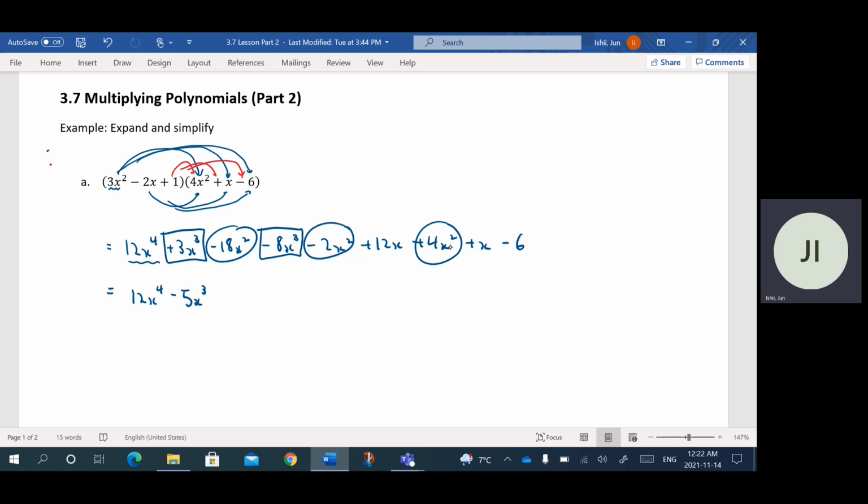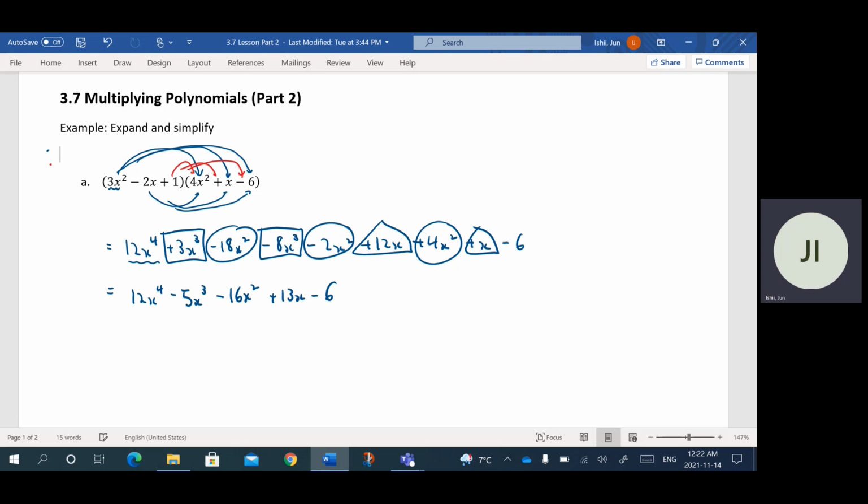I have 3 terms here I want to combine. Negative 18 minus 2 is negative 20, plus 4 is negative 16, so negative 16x squared. I'm running out of shapes. Triangle. Then 12x plus x is 13x, and I have the minus 6 left over.